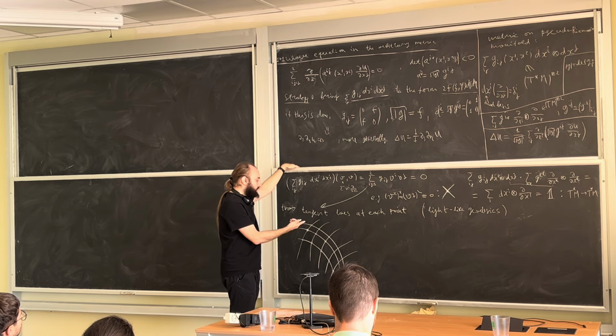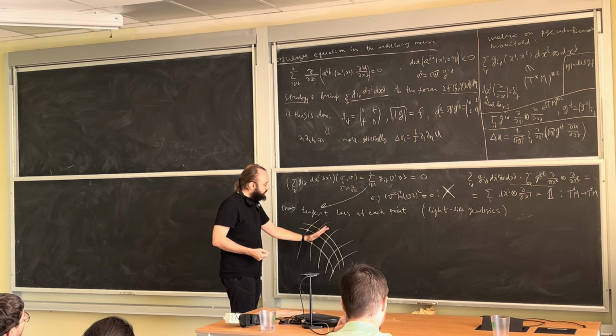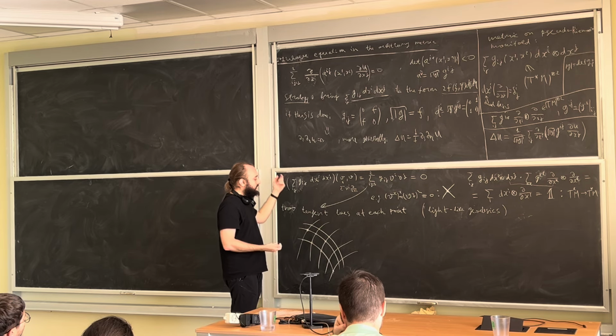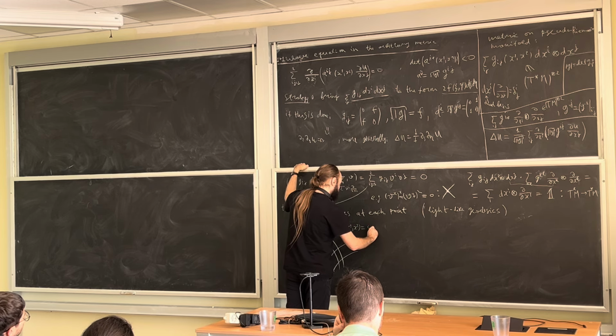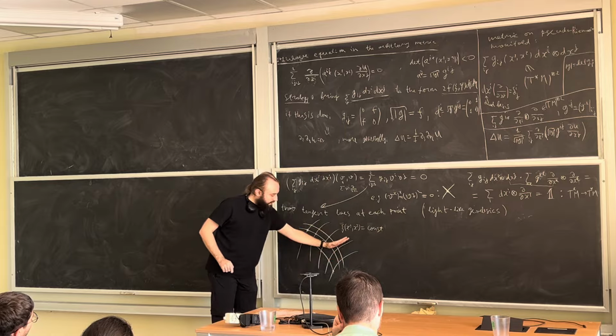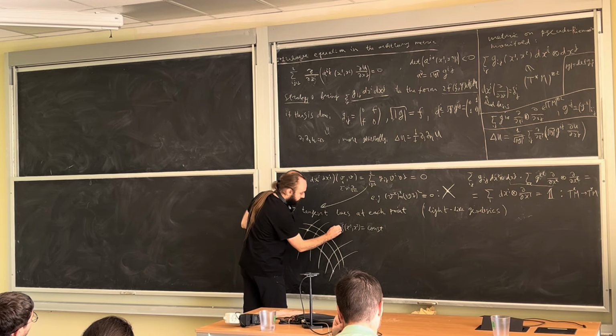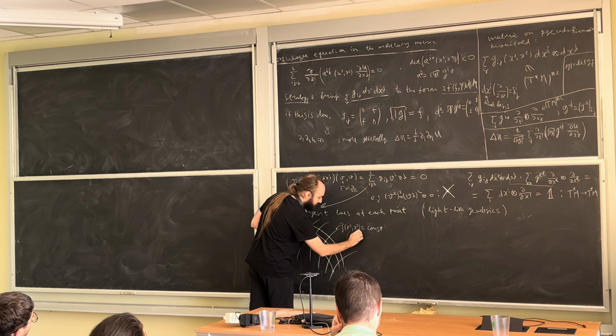In a sense, there are two functions that describe the geodesics. We have some xi of x1 and x2 equals to constant, where with this constant we can switch between different lines.